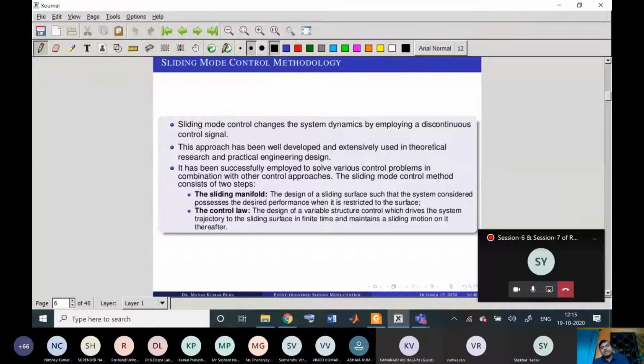So we have to design a discontinuous control for the classical sliding mode control that will drive the system trajectory to whatever sliding manifold you have designed in finite time, and it maintains the sliding motion on it. It means once the system trajectory has reached the sliding manifold, it slides asymptotically towards the origin. So this is the strategy.